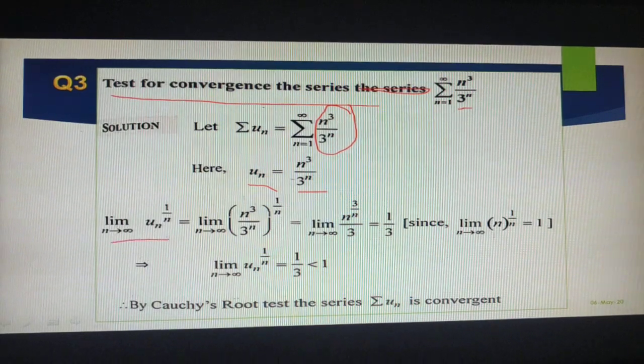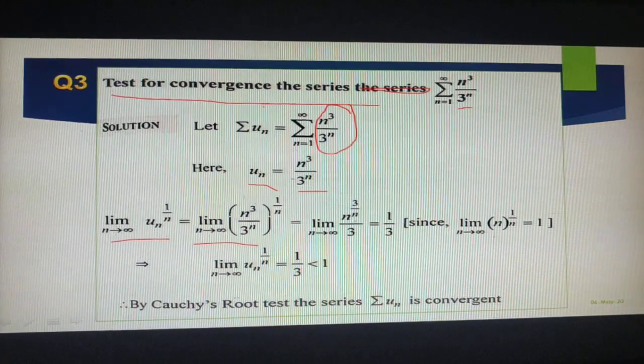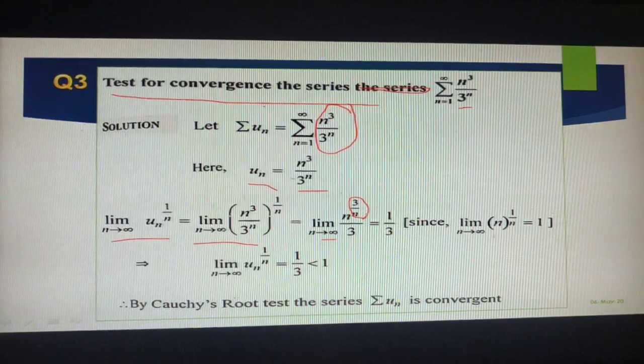So now, as per our formula, un whole to the power of 1 by n, I can just substitute this value here. So what is happening here? If you observe, what is there? N to the power of 3 by n by 3. So when n tends to infinity, this power 3 by n tends to 0, obviously.